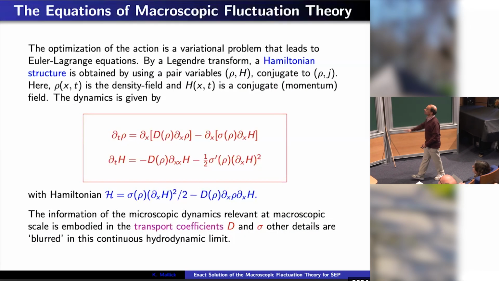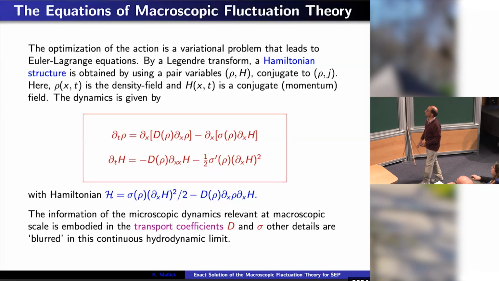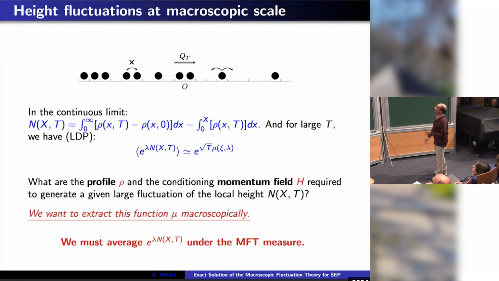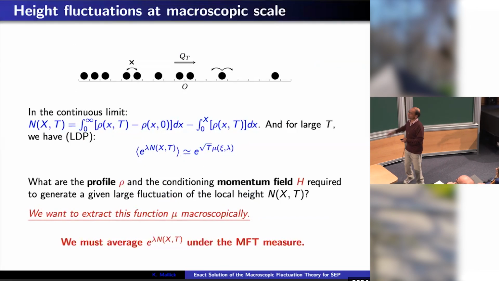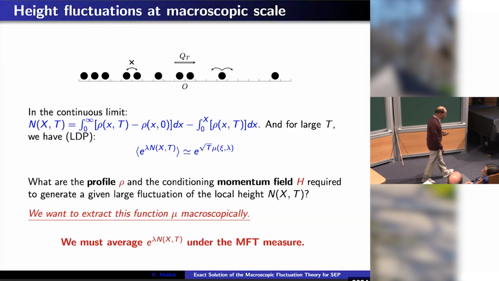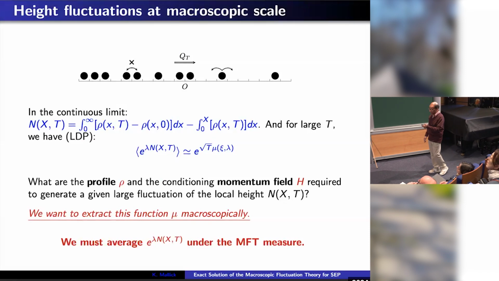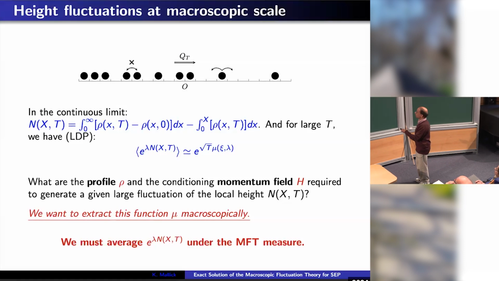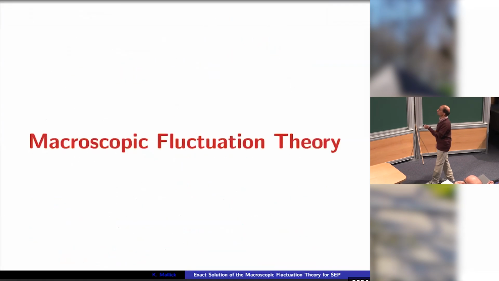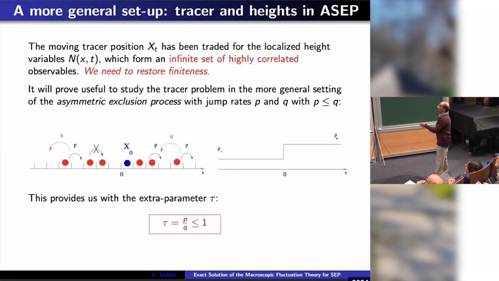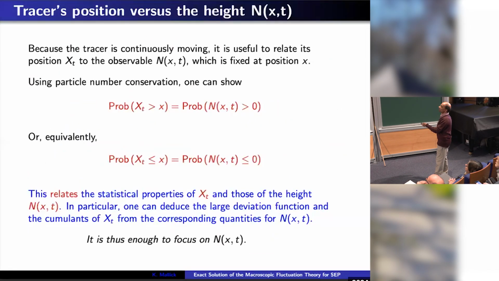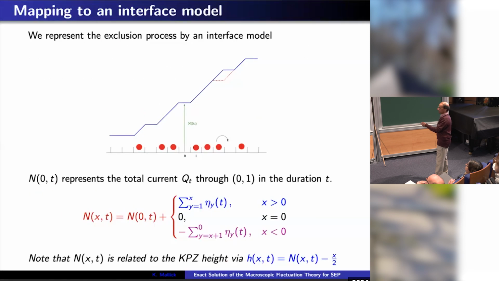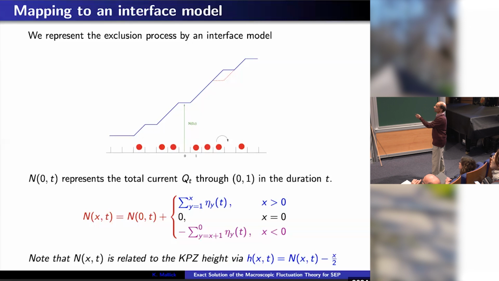So these are the macroscopic equations we are interested to solve, and we want to apply them again to our problem of the height h(x,t) over any site, and in particular, let's say, the current through 0. If you remember, the microscopic definition of height was the current at 0 plus the number of particles between 0 and x, because of my interface.